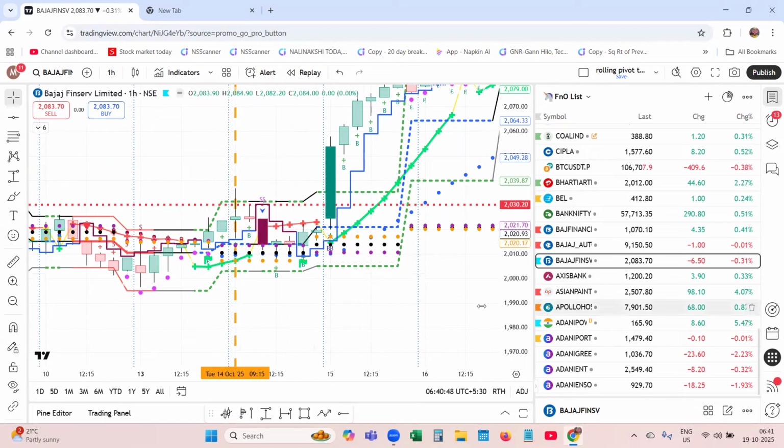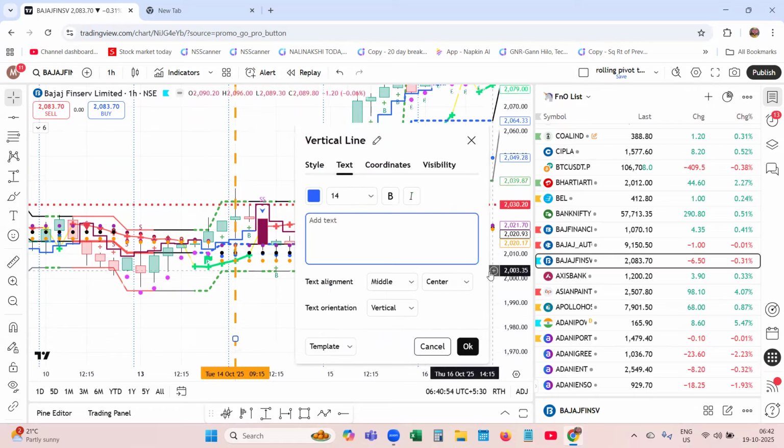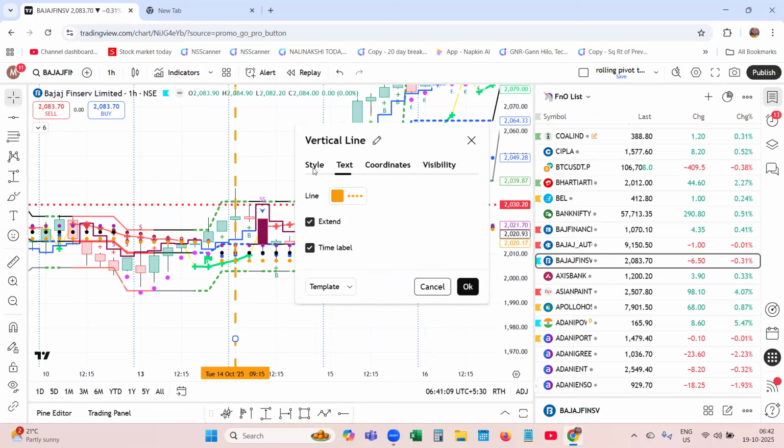See here, let me go to the settings. What is this text? But why is that text coming? Style, time label. We don't need the time label.